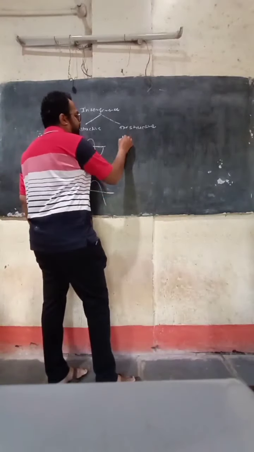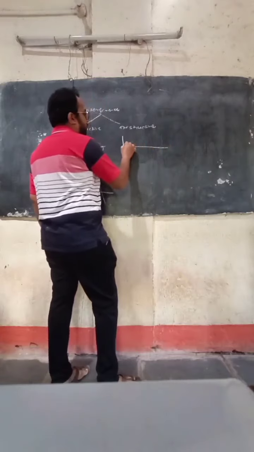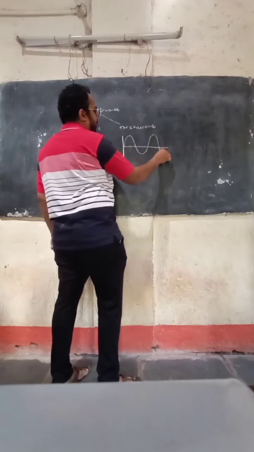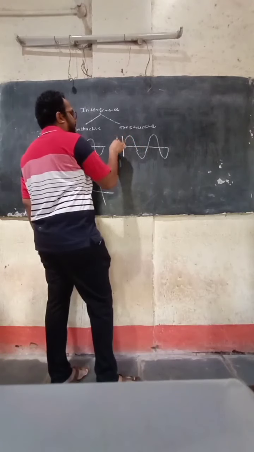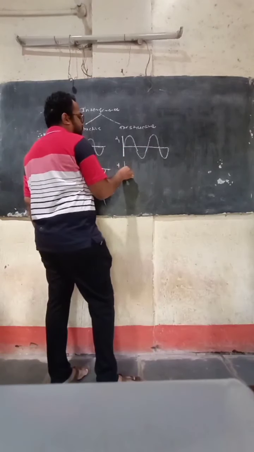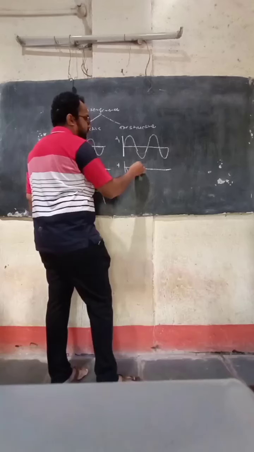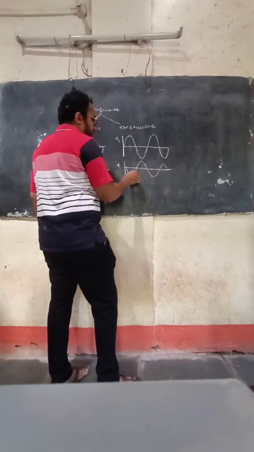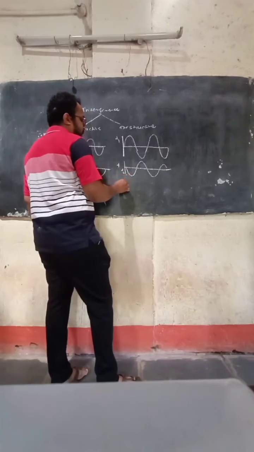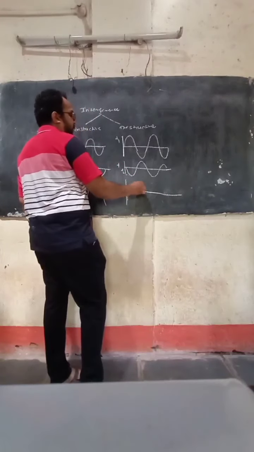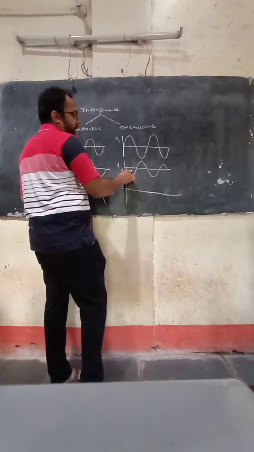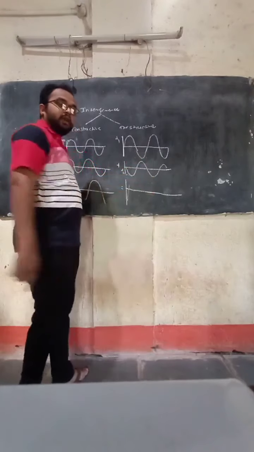Now suppose in this case, this is the wave of amplitude A1. When this superimposes on another wave, now here the amplitude is A2. Now see, in this case, the crest superimposes on trough and trough superimposes on crest.